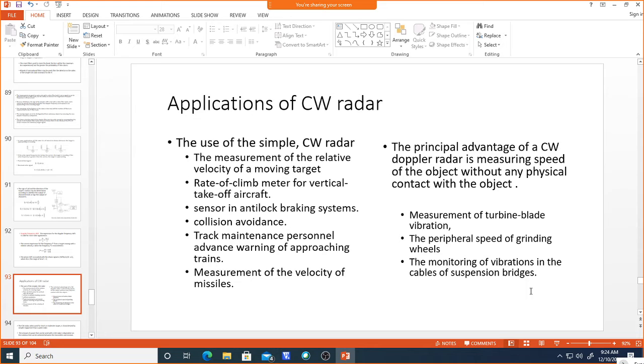The cables connecting, whether they are iron or whatever the cables placed on the bridges, how much vibration happens, based on that vibration we can estimate whether the bridge is sustainable or whether it has some problem or not. Okay, so these are some of the applications of the continuous wave radar.